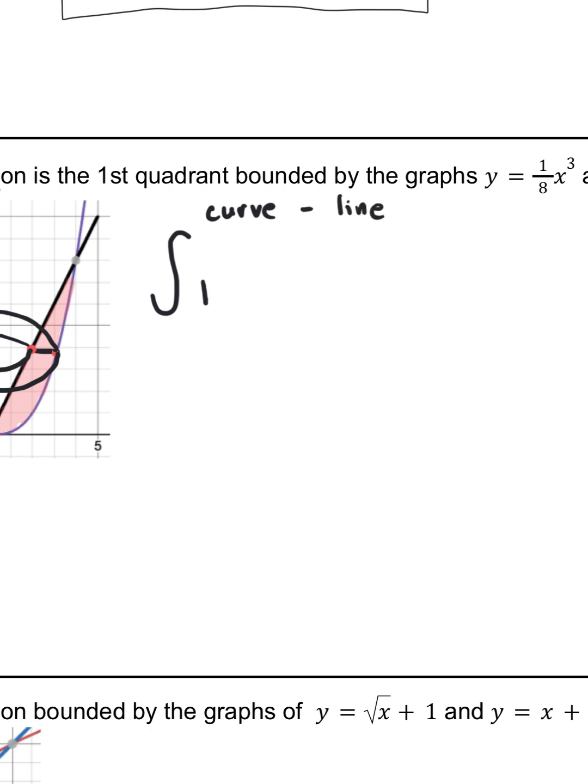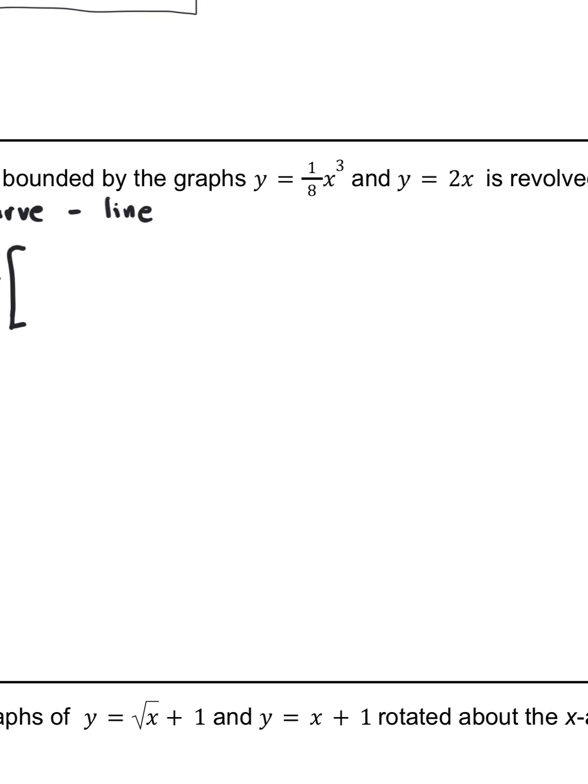All right, we factor out the pi. Remember, when we rotate it around the y-axis, all of our equations have to be solved for x. So we're going to go off to the side. We're going to take our curve, y = 1/8 x cubed, and solve this for x.